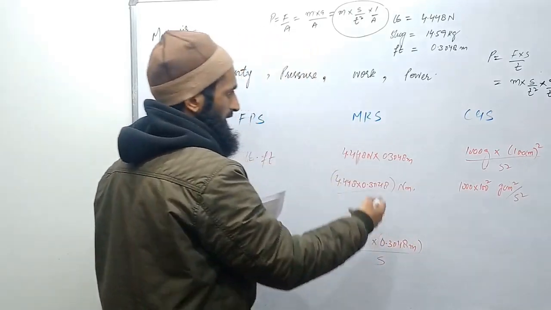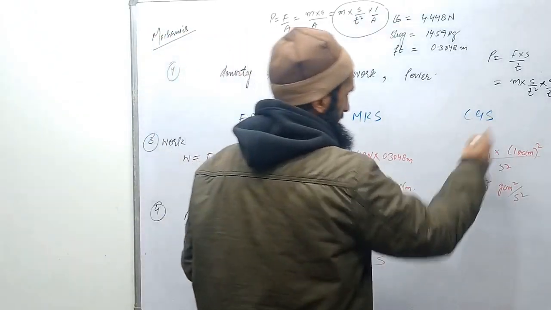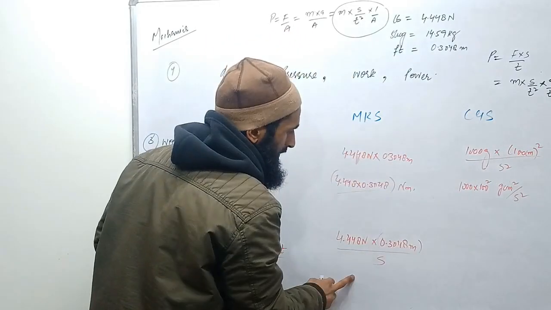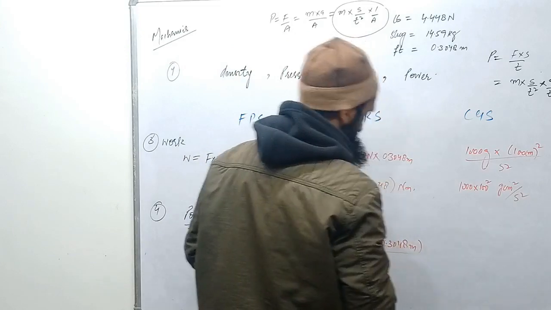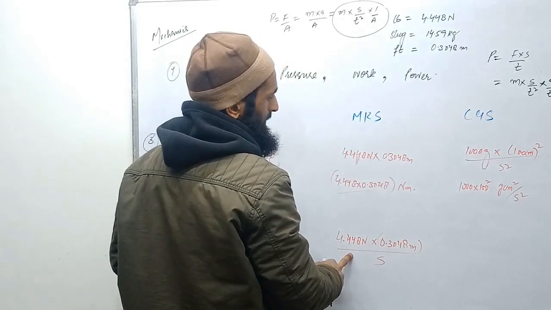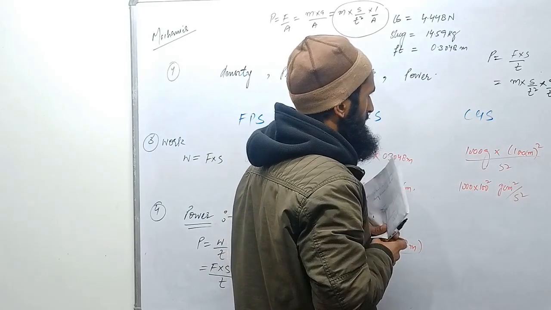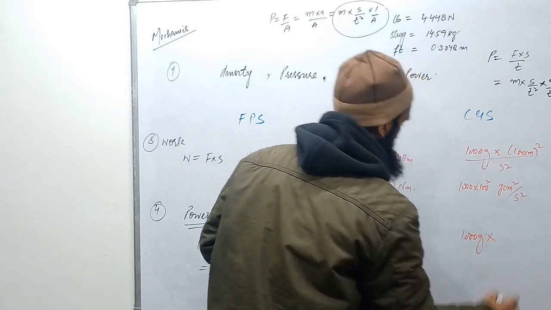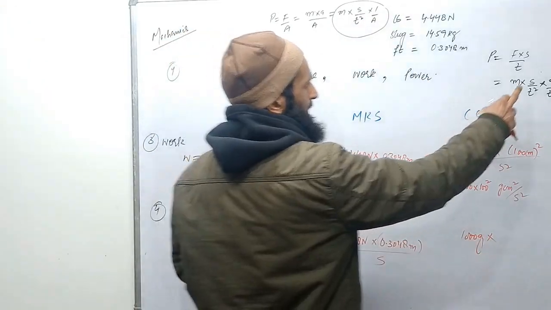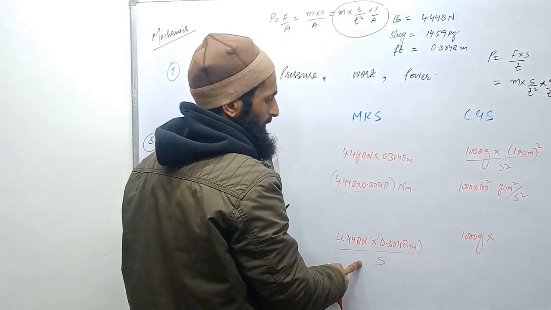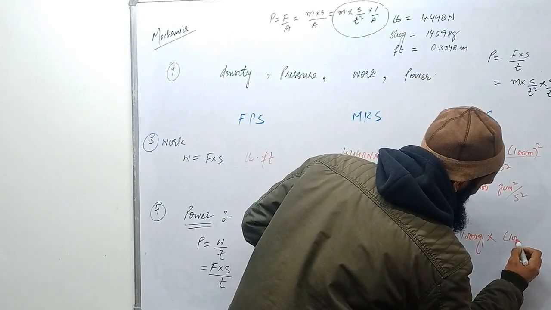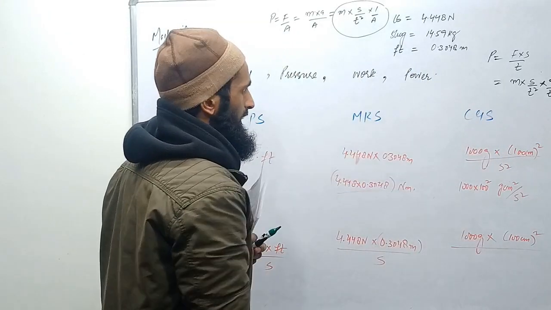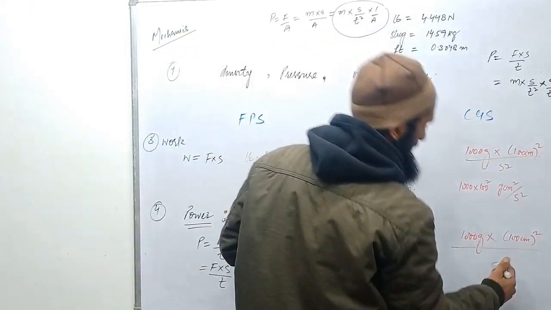In the same way as we did previously, we have to do the same thing here. First we consider this quantity here, and then we convert it to CGS system. Mass here will be kilogram, and in CGS system it will be 1000 gram, multiplied by distance square. Here it will be meter square and here it will be 100 centimeter square. Then we have time cube.